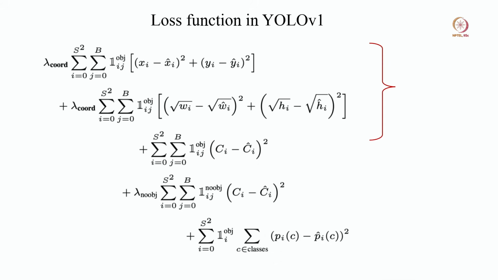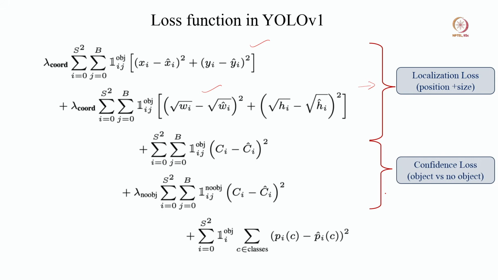The first two terms, this one as well as this entire thing, are the localization loss, that means the loss coming from the position and size. The next block is the confidence loss, object versus no object.